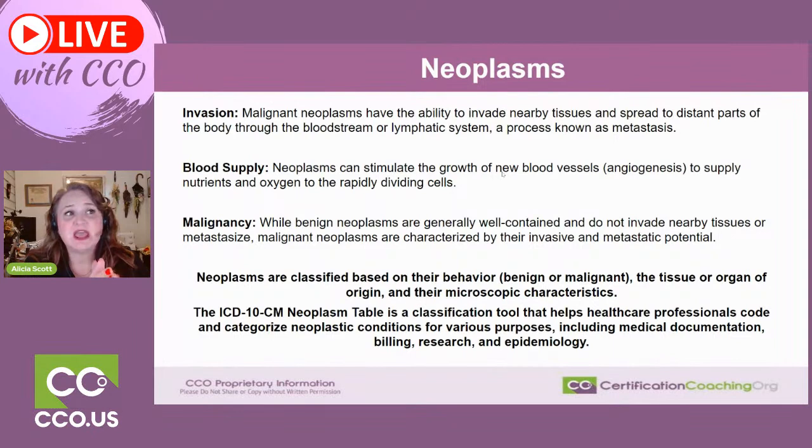Mohs surgery has been a huge blessing for determining different types of skin neoplasms, whether they're benign or malignant. But melanoma is extremely invasive. It is malignant, and it likes to go everywhere in the body. And we don't talk about it a lot. People die of melanoma. You don't think of dying of skin cancer, but that's ultimately what it is.